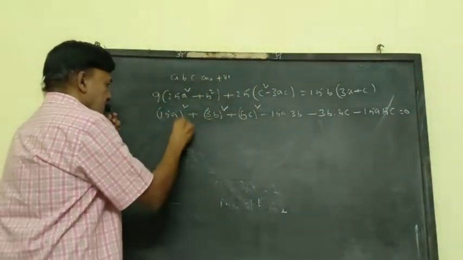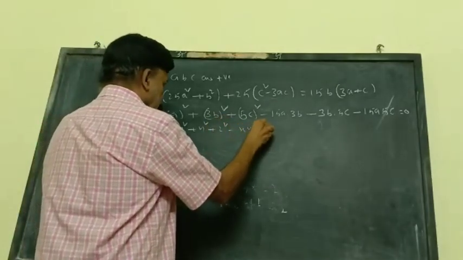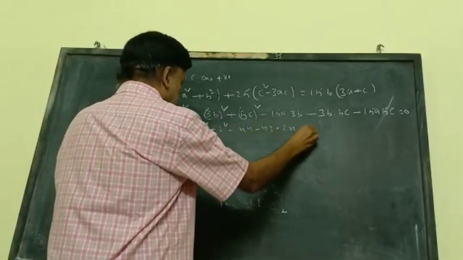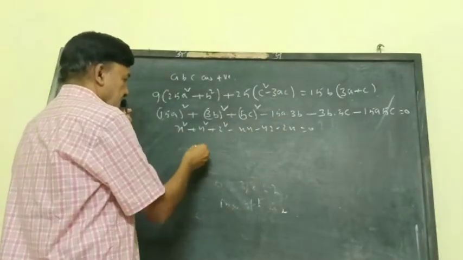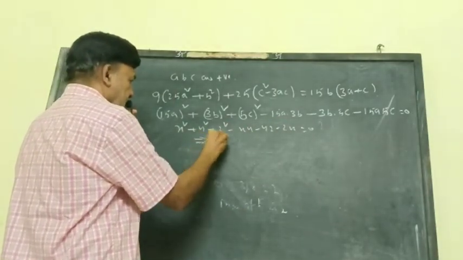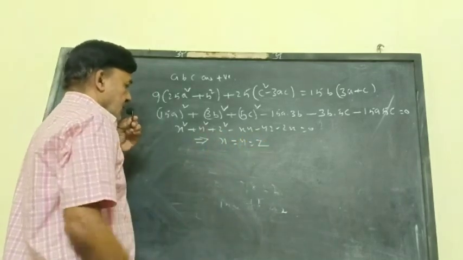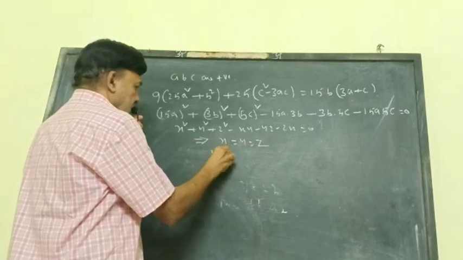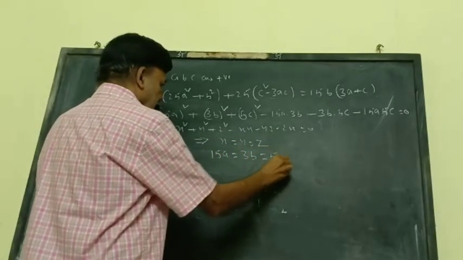This is just like x square plus y square plus z square minus xy minus yz minus zx is 0. When x, y, z are real, satisfying this condition, all of you know this implies x is equal to y is equal to z. So 15A is equal to 3B is equal to 5C.